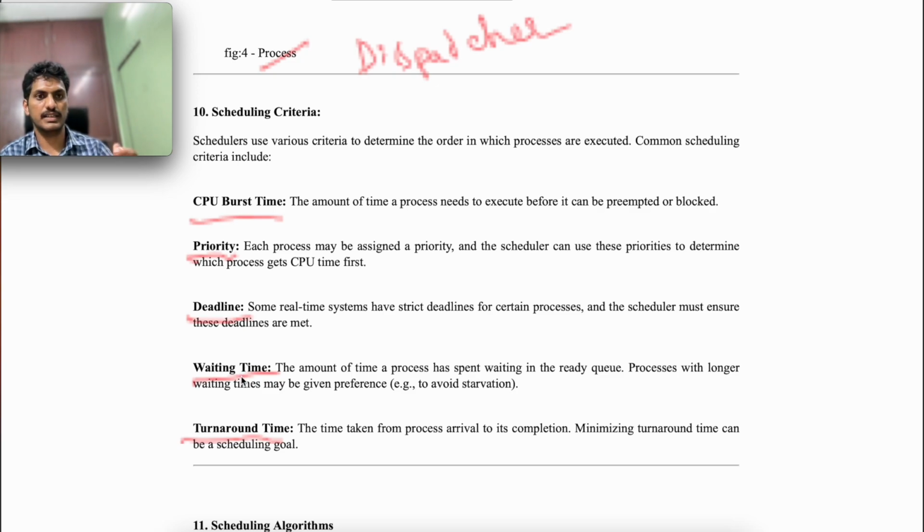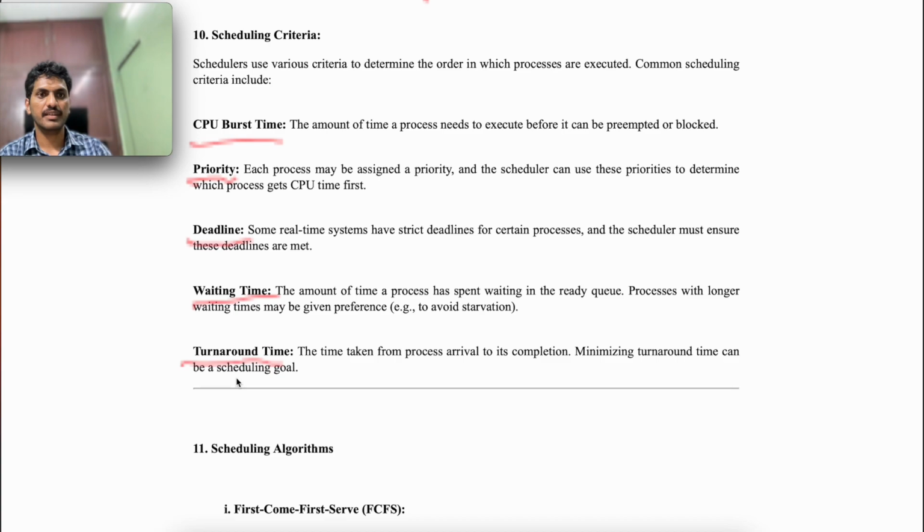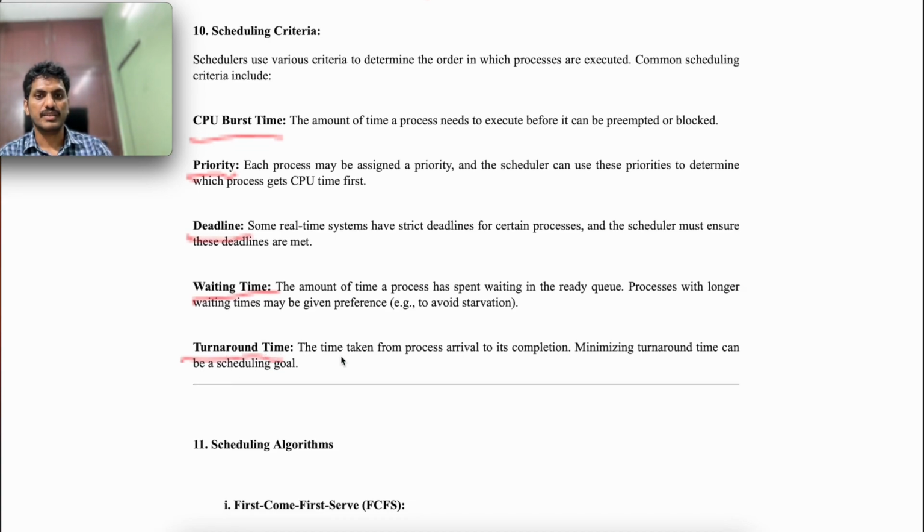When we are running multiple processes at a time under one CPU, when one process is running, the other processes need to wait. How much is the waiting time for each process? We have seen these examples in the class, right? Turnaround time is the total time: waiting time plus burst time and any other time, all together we call turnaround time.